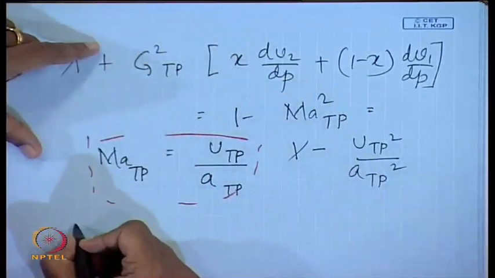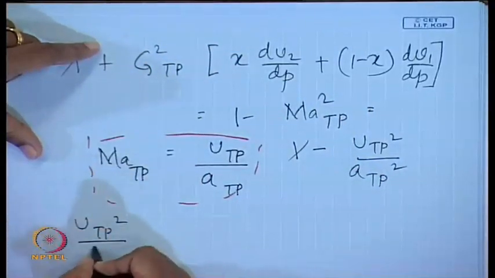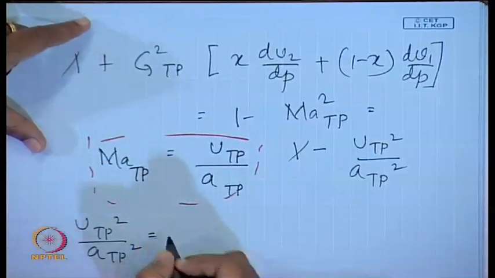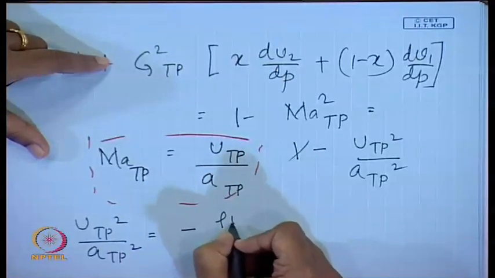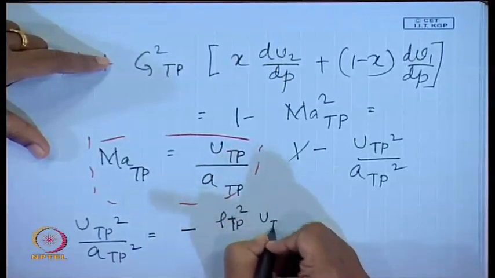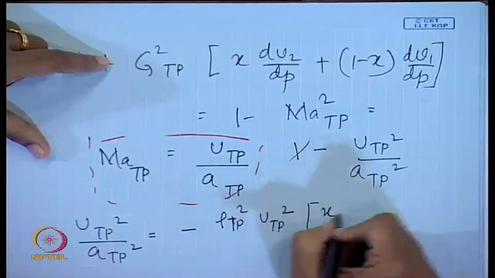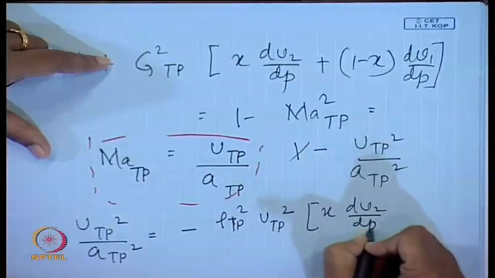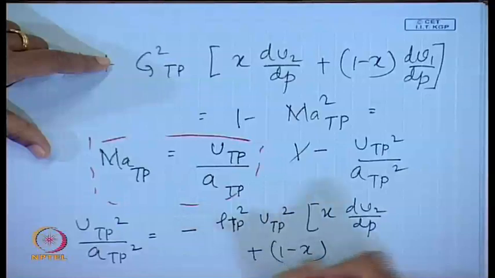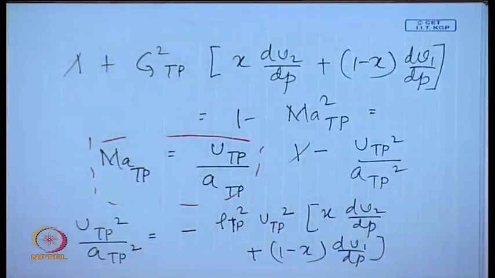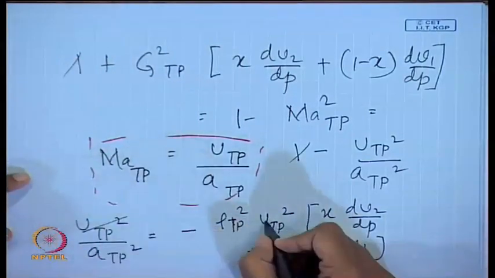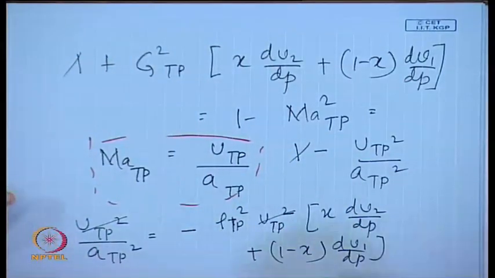Or in other words, we find U_TP square by A_TP square should be equal to minus G square_TP, which is again rho_TP square U_TP square into x dV2/dP plus 1 minus x dV1/dP. This is acceptable. Again we can cancel the U_TP square, so that we can get A_TP in terms of certain measurable things. Okay. So, what do we get?